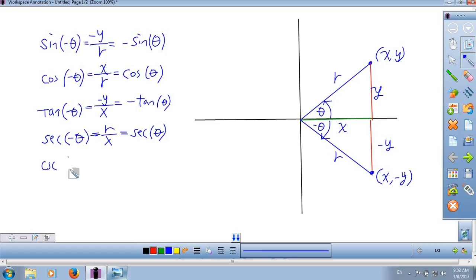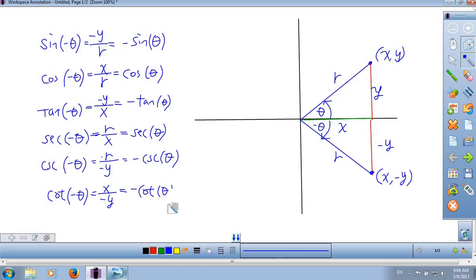Cosecant of negative theta will be r over y, but y becomes negative, so it's the opposite of the original cosecant of theta. So cosecant of negative theta is the opposite of cosecant theta. And cotangent of negative theta is x over y, where y becomes negative, so this becomes negative cotangent of the regular theta.